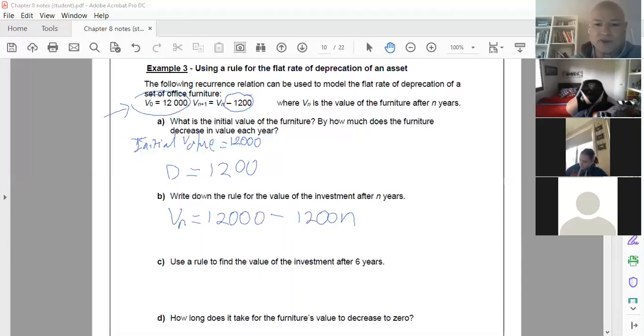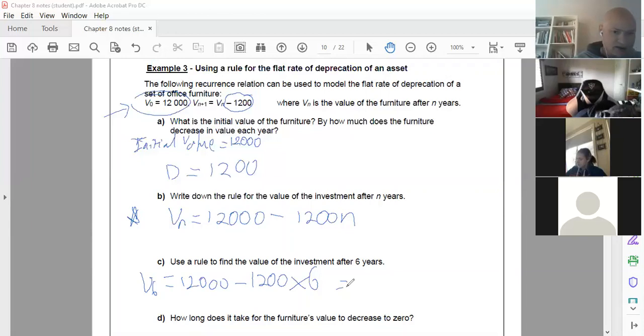Use a rule to find the value of the investment after 6 years. Well, we might as well use the rule that we've just written because that's easy, as we can find the value after 6 years just by putting n equals 6. So 12,000 minus 1,200 times 6.